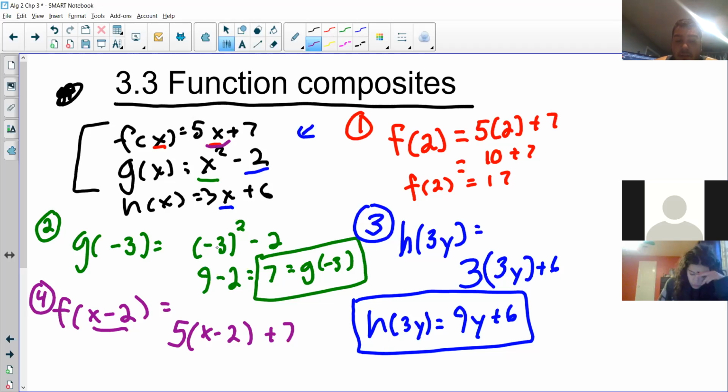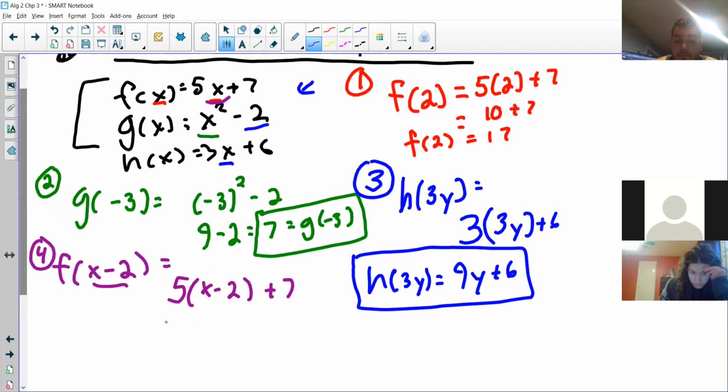So this x becomes x minus 2. Distribute the 5, just like a normal algebra problem: 5x, negative 2 times 5 is negative 10, plus 7.